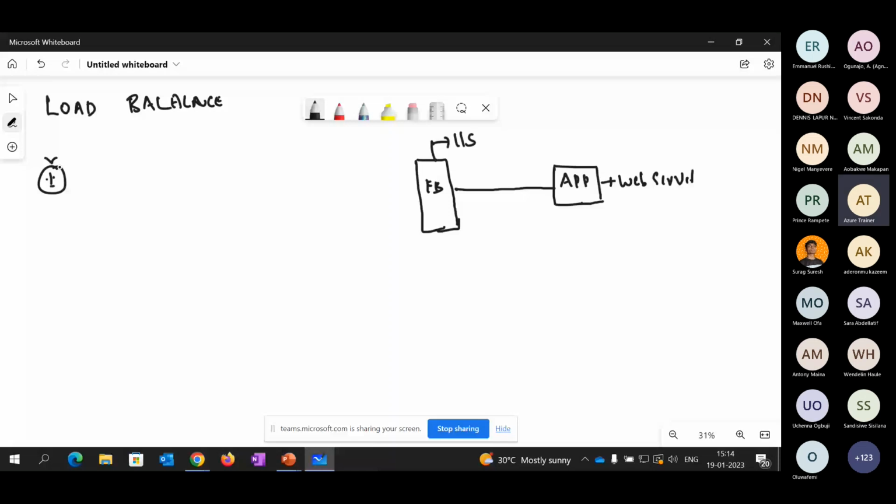I'm not a good drawer. This is me. I'll write it here, otherwise you will think, what is this? You may think that it is a disk. It's not a disk. This is me. I'm trying to connect to this application server. So how will I generally connect? I'll connect through the internet, to this server, and this application is accessed.